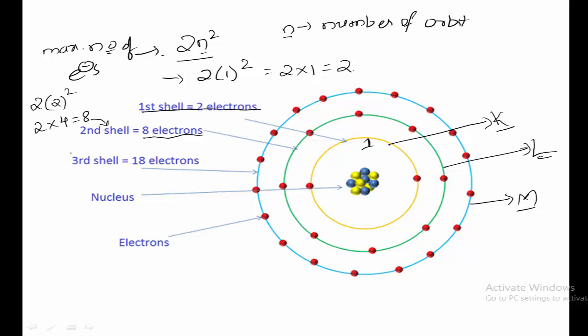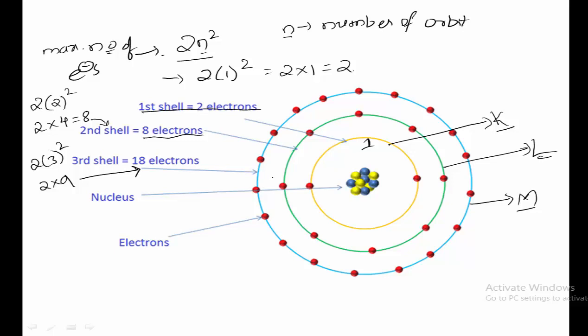Then in the third shell, again 2 × 3²; 3² is 9, so 2 × 9 is 18. In the third shell, there can be 18 electrons. Again, for a fourth shell, we substitute 4 in place of n, and you will get the maximum capacity of the fourth shell.